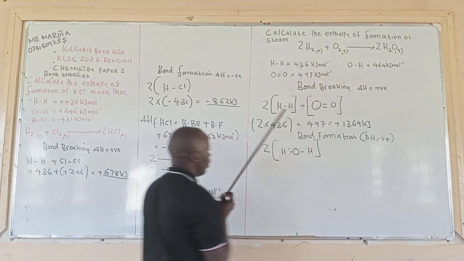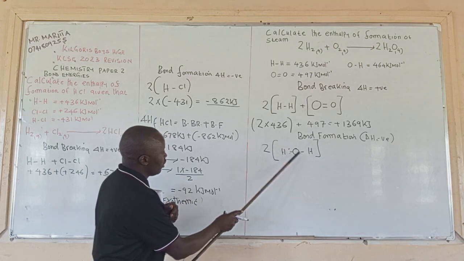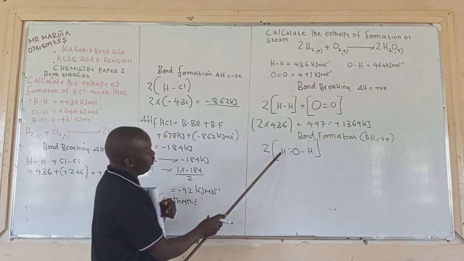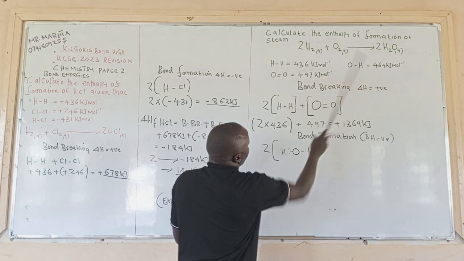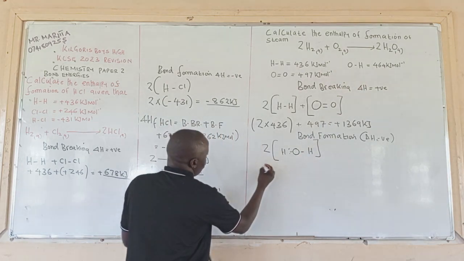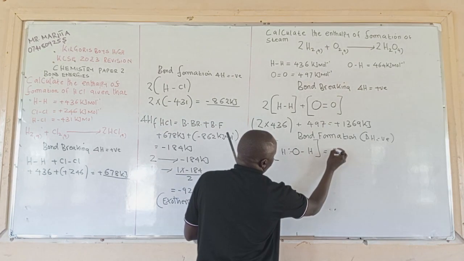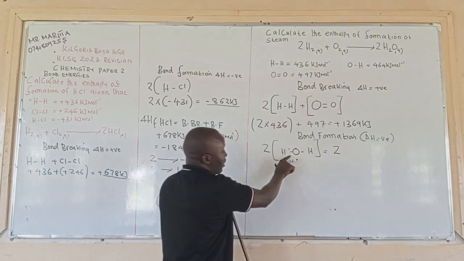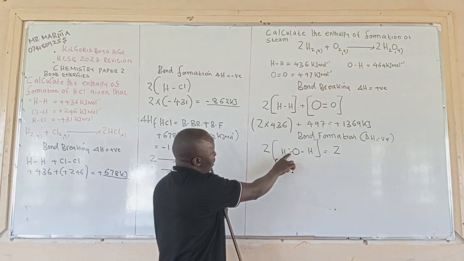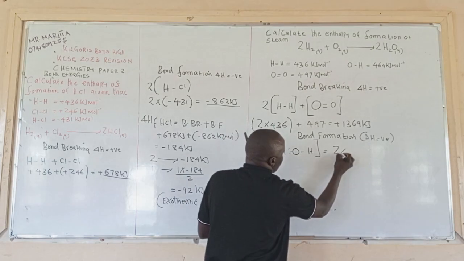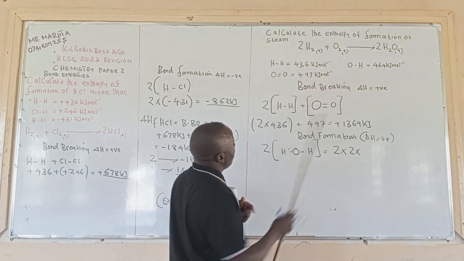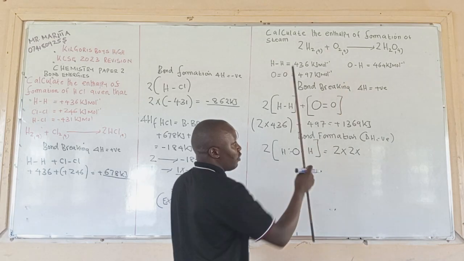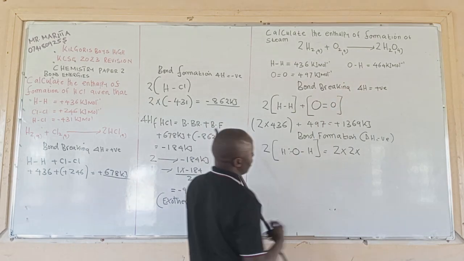So the total number of bonds we have here is 1, 2. And one bond between hydrogen and oxygen is positive 464. So you take this as 2 times the number of bonds, which is 1, 2, so times 2, and again times the energy for one bond, that is 464.